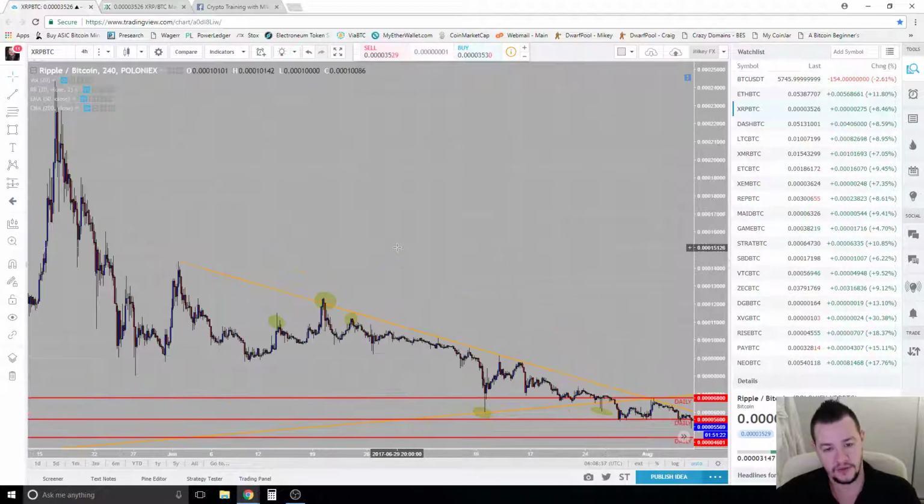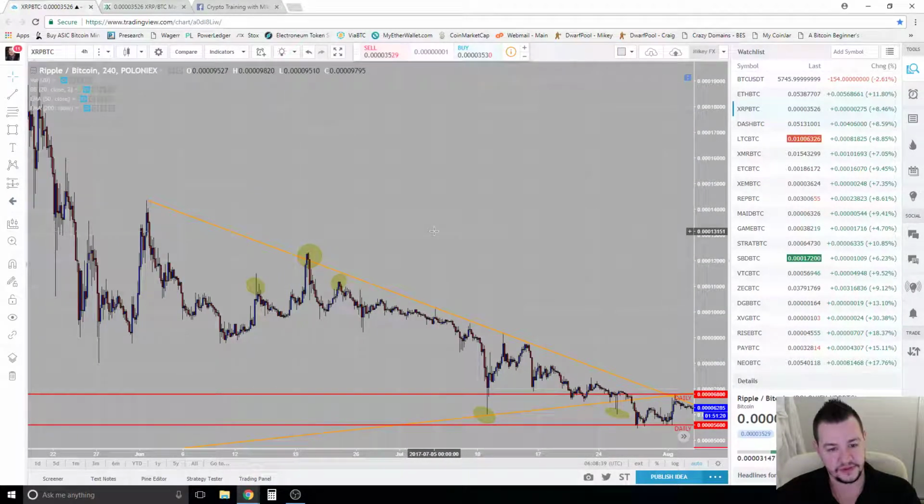Now, the objective of a trend line, as opposed to support and resistance, for example, is to try and find out where price is heading with a trend. So if we're in a bearish market, like a down moving market, we want to look for breakouts of that trend and then to notify when we're going to go in that next bullish run.